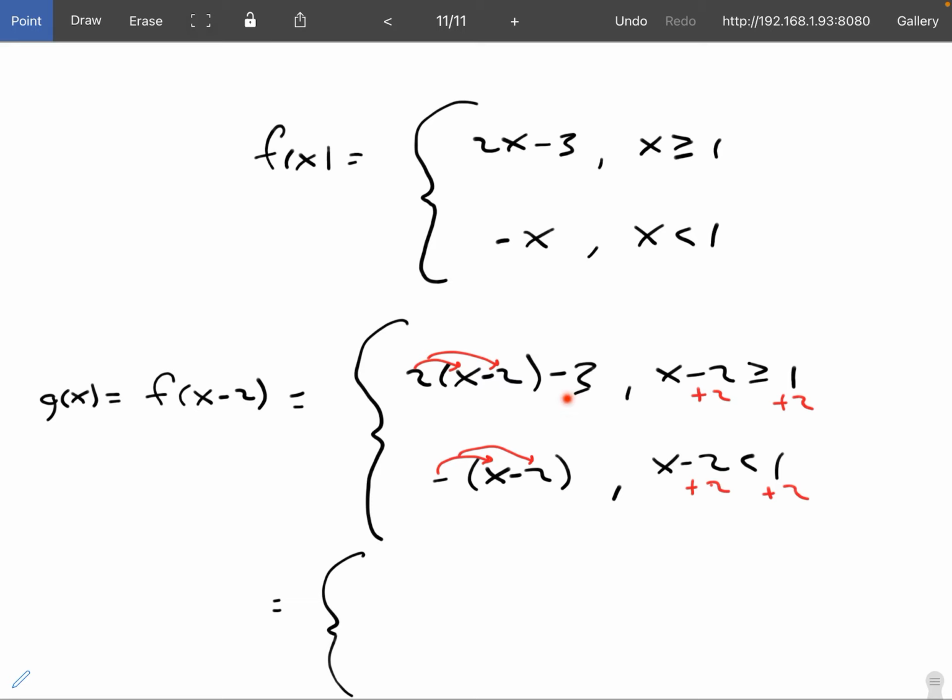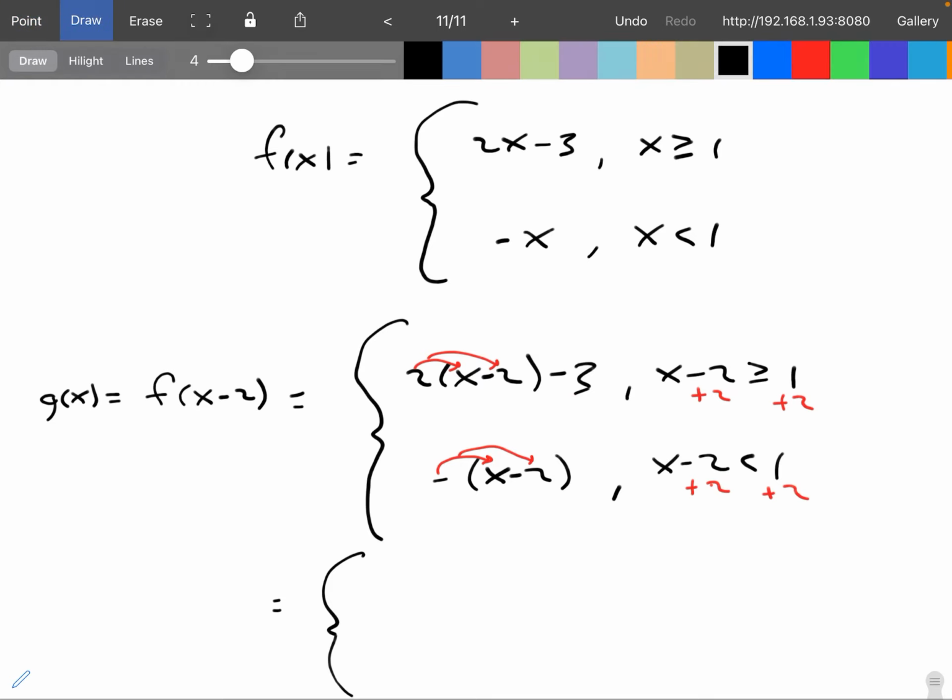So let's see, the top one up there, we got 2 times x, that's 2x. Then we'd have 2 times negative 2 would be a negative 4, but then also minus 3 more, right? So that would be 2x, negative 4 minus 3 more would be minus 7.